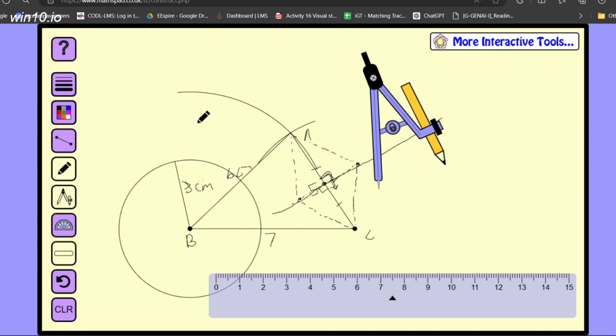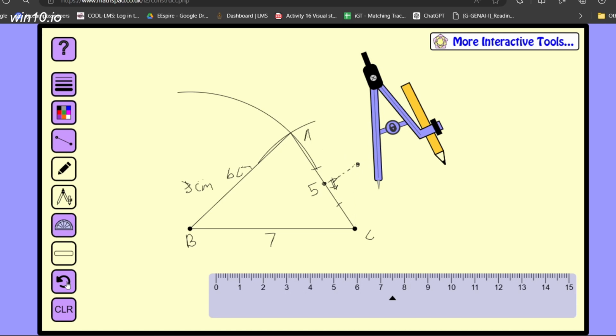So if we want to construct this using the compass, we can do something like this. Let me erase those parts. Okay.